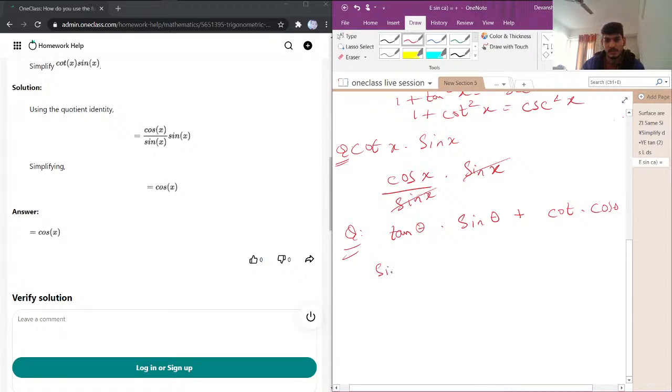So tangent will be sine theta over cosine theta, times sine theta, plus cosine theta over sine theta, times cosine theta.